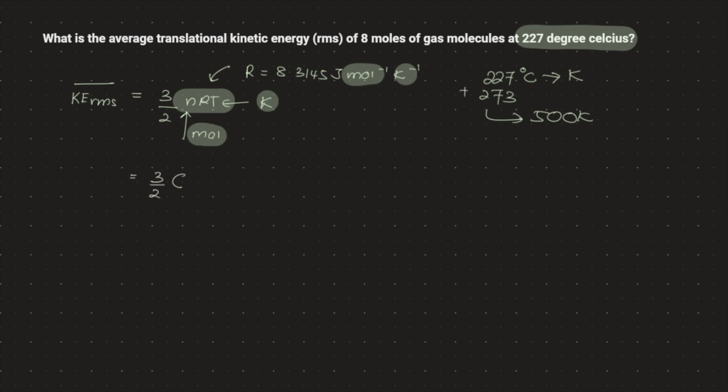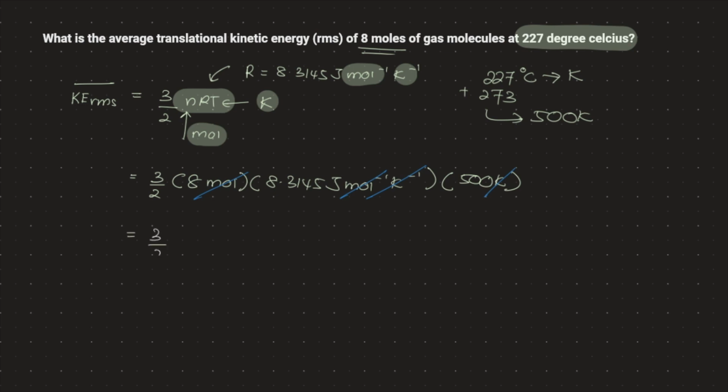Given in the question, 8 mole of gas, so here will be 8 mole. Your R is the gas constant, 8.3145 joule per mole per Kelvin, and then your temperature is 500 Kelvin. Now we are going to cancel out whatever that we can. Here mole is cancelled and here Kelvin is cancelled, leaving you with the unit of joule.